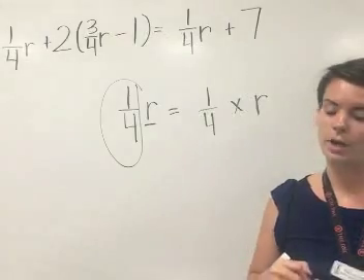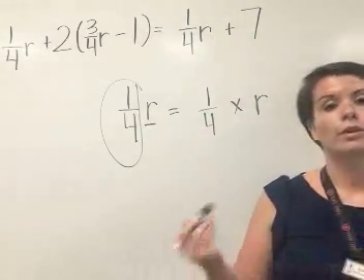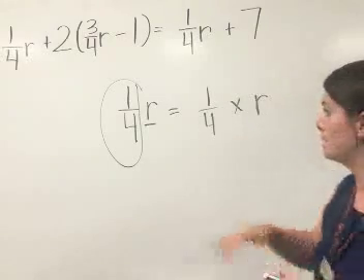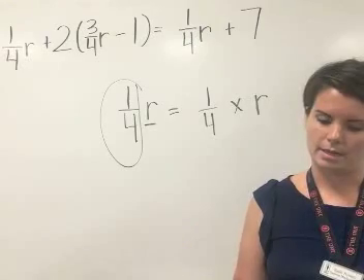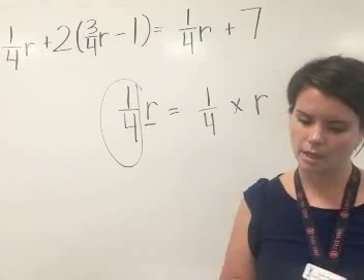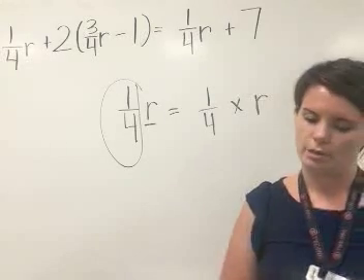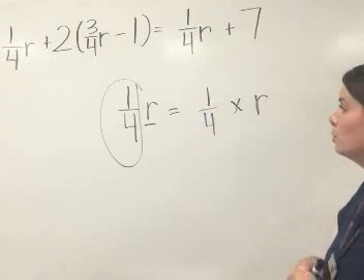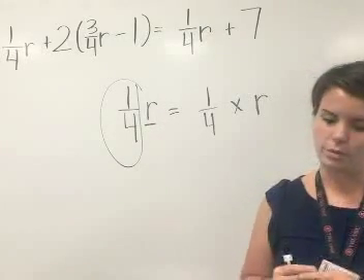In order to get your variable by itself, which is always what you want, you have to do the inverse operation. And since this represents multiplication, the opposite of that is division, okay? The inverse operation of multiplication is division. And in order to get your variable by yourself, you must multiply both sides by your rational coefficient or your fraction.